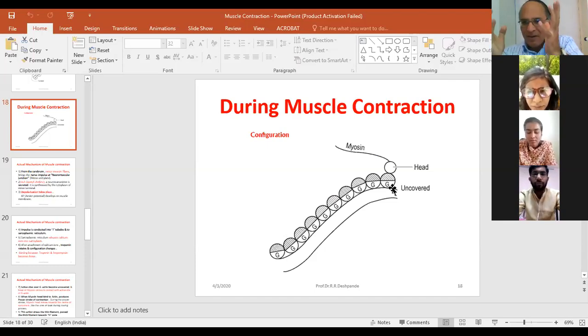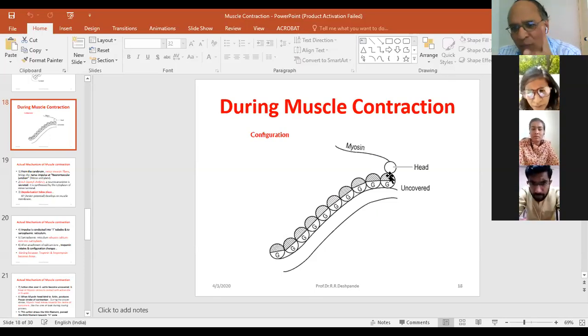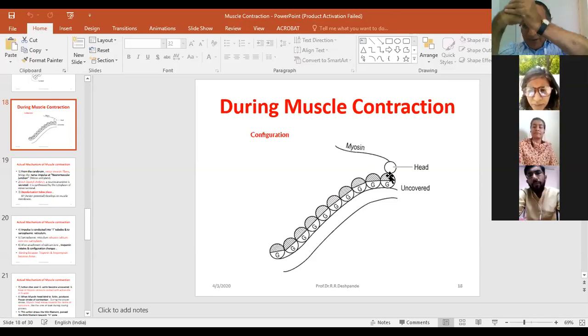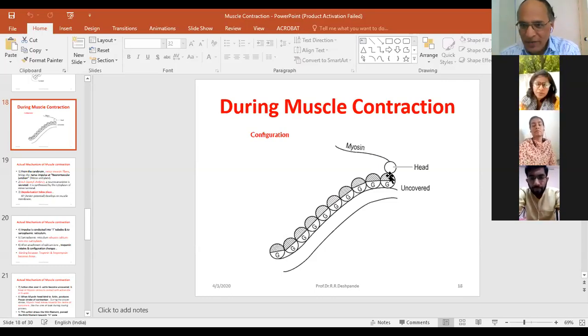Whenever there is uncovering, only then can it attach. Is it clear? Only when the actin molecule is open, like doors open, come myosin, come to me, attach to me, then only it will come. If actin is closed, myosin will not attach. Is it clear? Actin is opening the door.